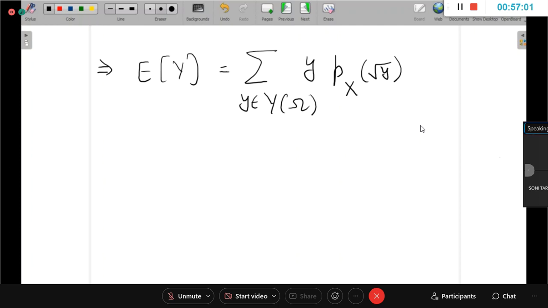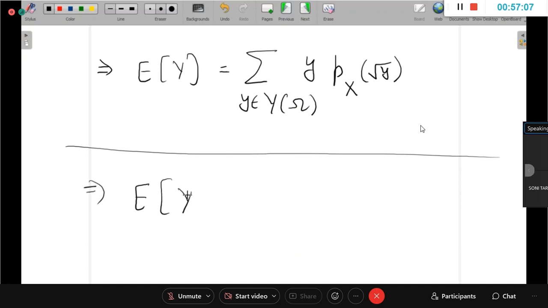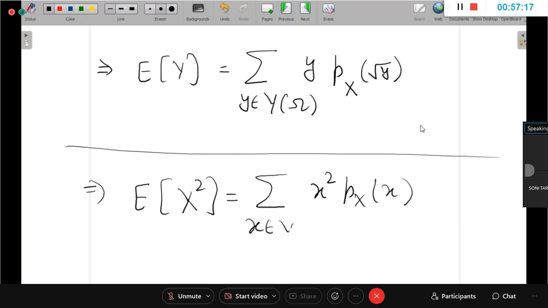Now if I want to write this, this implies the expectation. If I write everything in the x square form, summation y is x square and root y is x, and you are summing over the values of x, so x belongs to x.